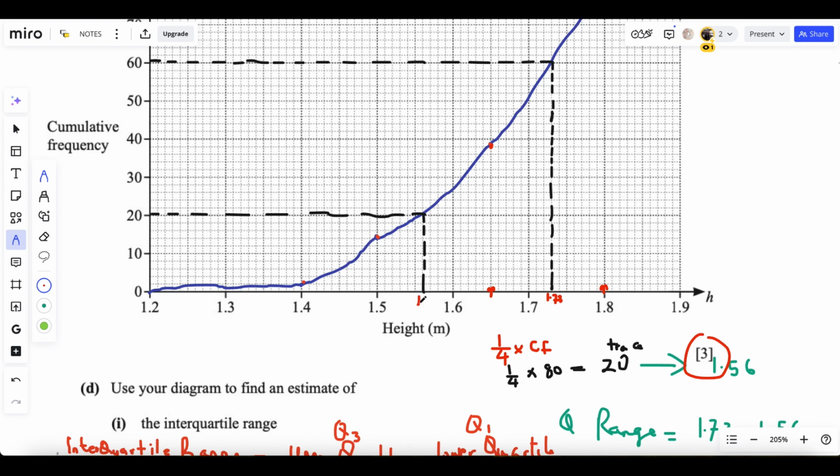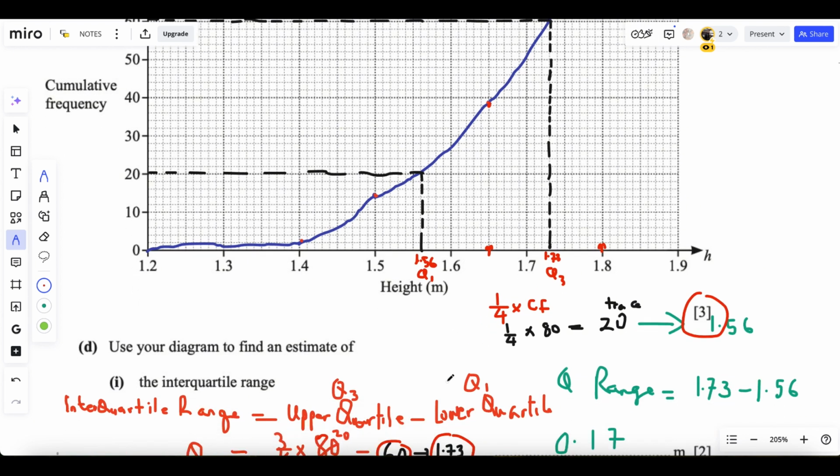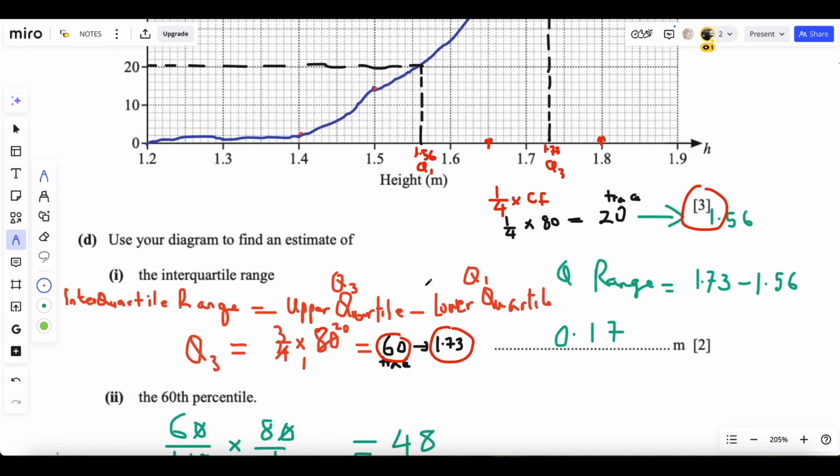Here you get a value of 1.56. Now this is called your Q1. We found Q3 and we found Q1. Remember, this was your Q3. Now the interquartile range is Q3 minus Q1.